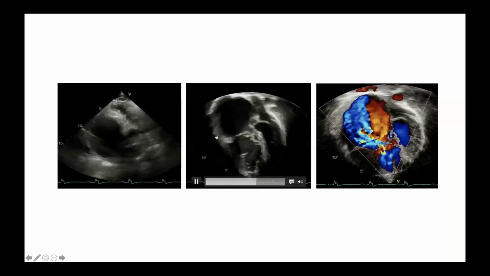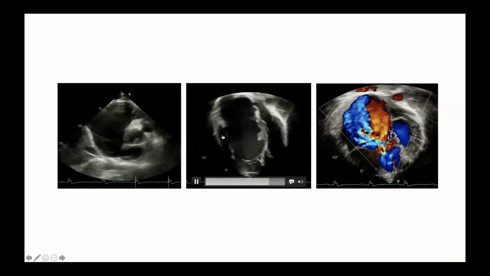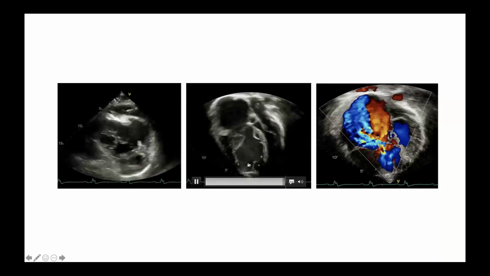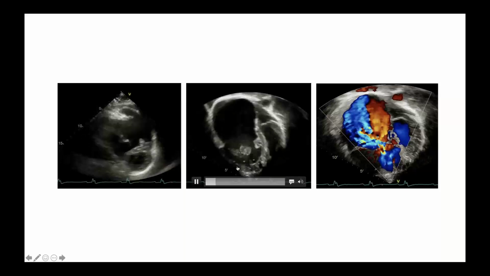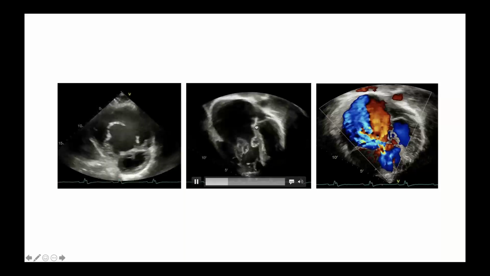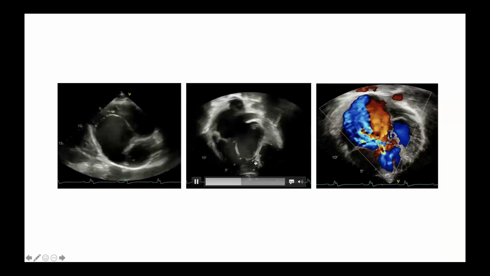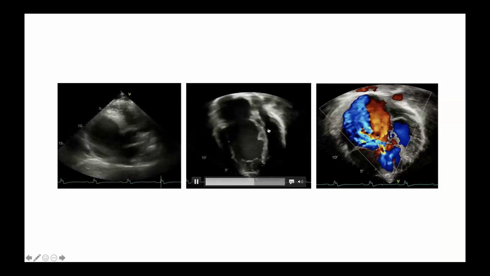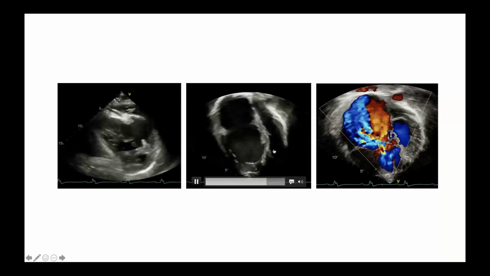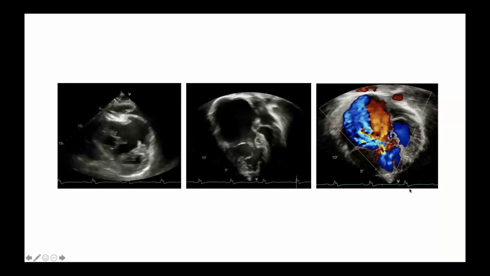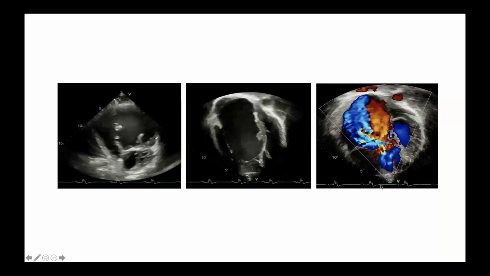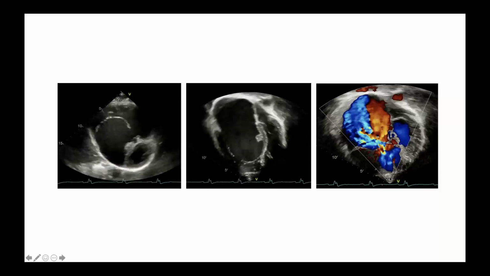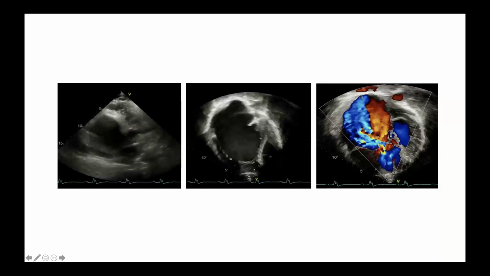So this is the classic Ebstein anomaly with a large anterior sail-like leaflet that is tethered. You can see the apical displacement and tethering of the septal leaflets, and the filling of the left ventricle. And on the right is a still frame in mid to late systole showing you torrential TR.